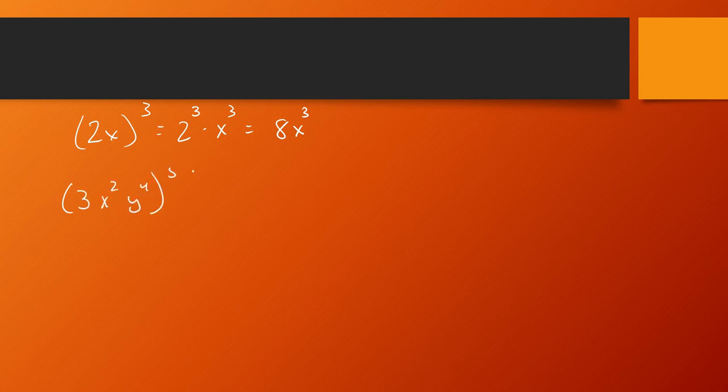So let's do a couple of these. 2x cubed. Remember, the whole thing is being cubed, so we have to do 2 cubed and x cubed. 2 cubed is 8, so 8x cubed. 3x squared y to the 4th, all to the 5th. 3 to the 5th, x to the, multiply, 2 times 5 is 10, and y to the 20th.